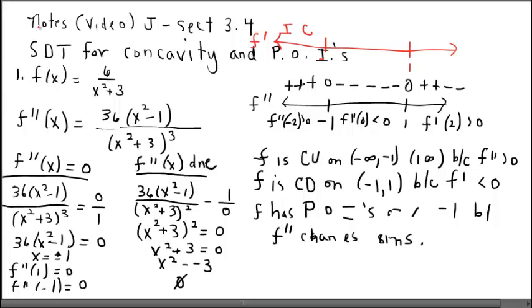If my f double prime values are negative, that tells me the f prime graph must be decreasing. And likewise, again, if the second derivative is positive on this interval, those are slopes to the f prime graph, then this one has to be increasing.